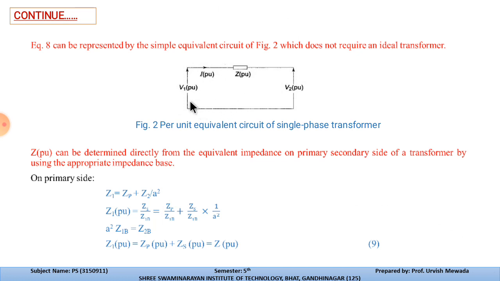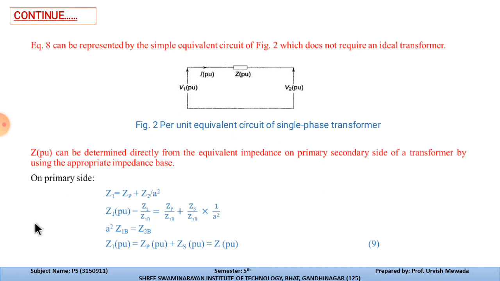V1 per unit is the input voltage, this is the per unit current IPU, and ZPU is the per unit reactance of, say, the transmission line, and this is the secondary per unit voltage.